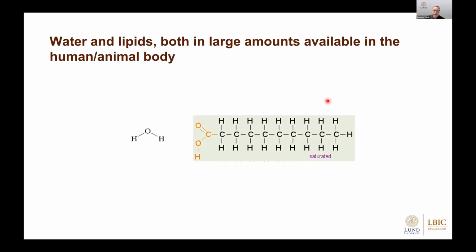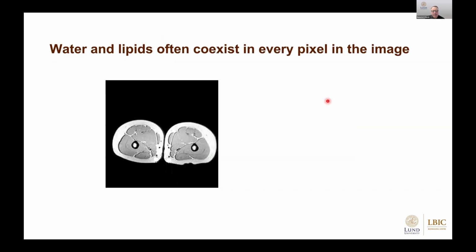If we look at the signal we get in MR, we get the signal from protons, the protons from water and lipids, these blue dots over here. And that's the signal generating compound, you can say. If you look at an image, and this is an image of the upper leg, you can hopefully recognize the muscle.